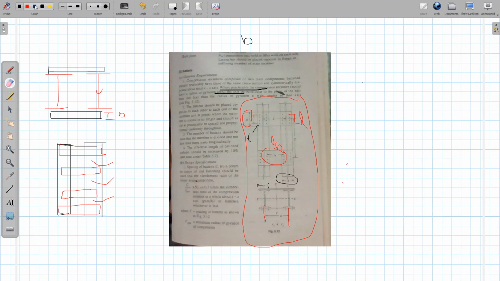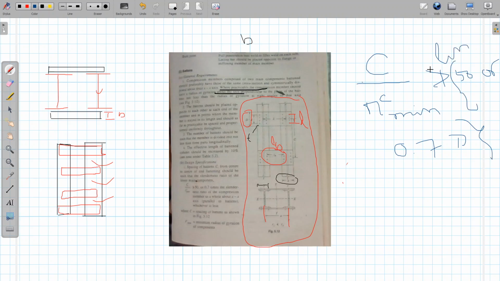What the codebook is saying is that C divided by RC minimum should not be greater than 50 or 0.7 times lambda, whichever is less.